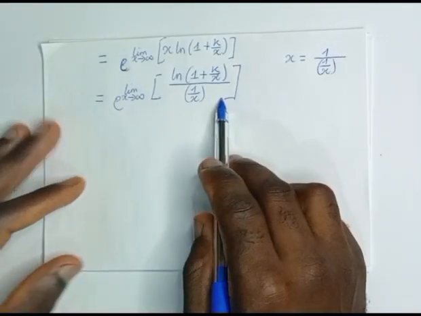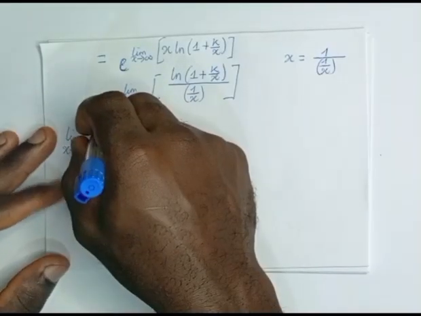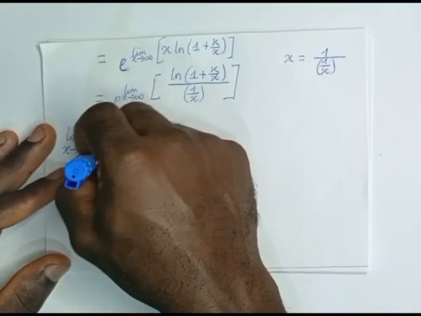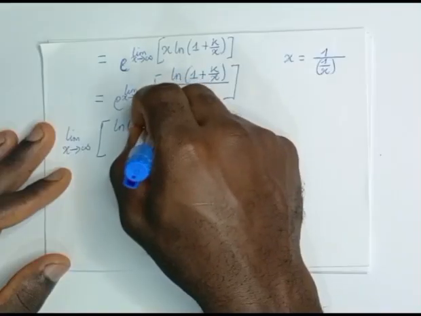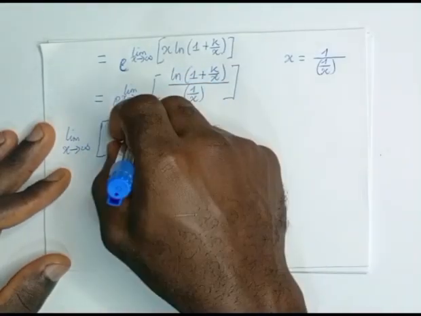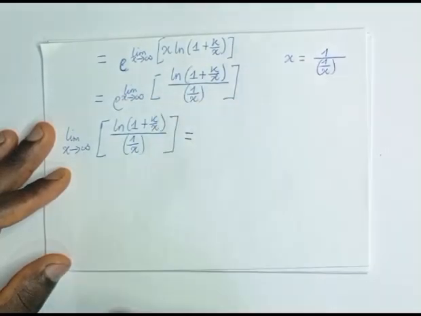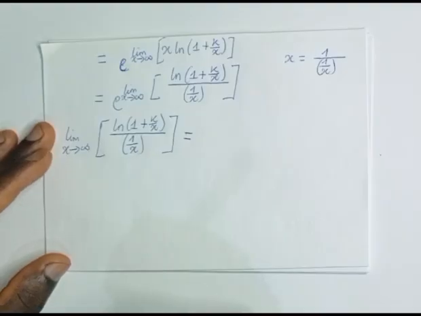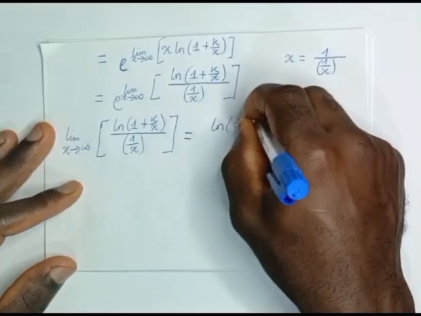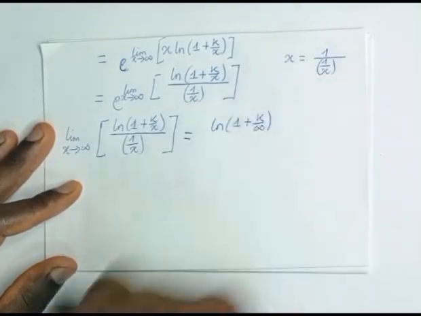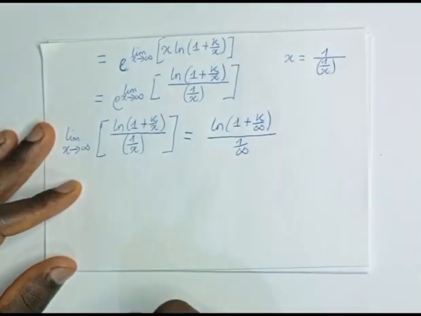Now, for us to get this limit, the limit as x tends to infinity of this quotient of two functions, ln(1 plus k over x) all over 1 over x, by direct substitution this will give us the ln of (1 plus k over infinity) all over 1 all over infinity.